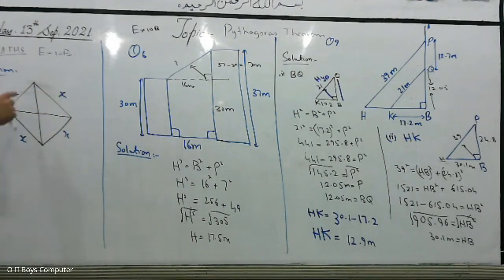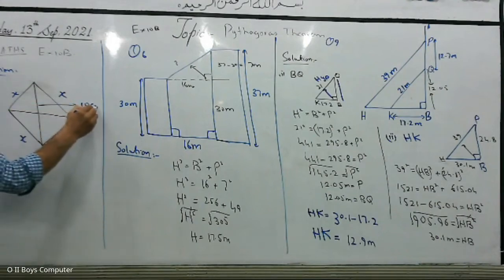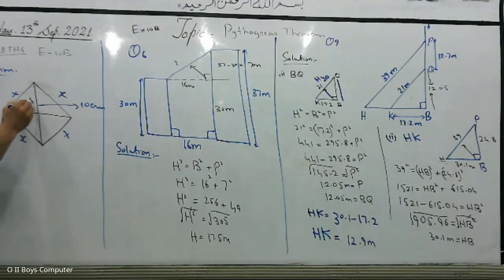When we draw the two diagonals of a rhombus, the diagonals will be divided into two equal parts. If this is 10 centimeters, it would be 5, 5. If this is 24 centimeters, this is 12, this is 12, right?